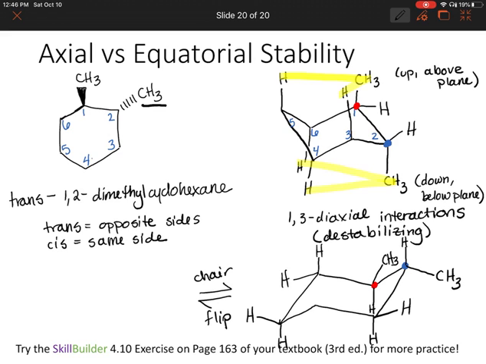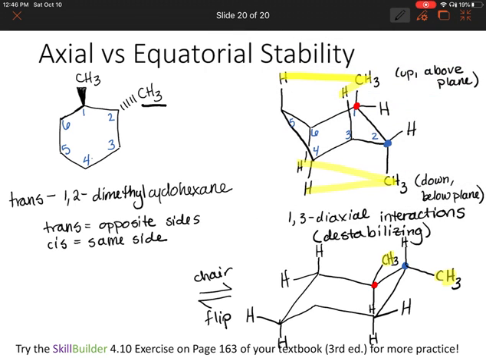So hopefully you can see that these methyl groups aren't really running into anything anymore when they're equatorial. They're just hanging out in their own space. And again, I'll try to show you in my next video what that looks like on a three-dimensional structure.